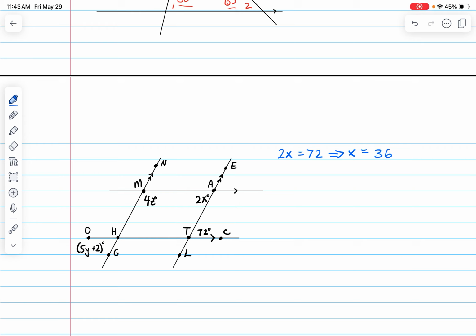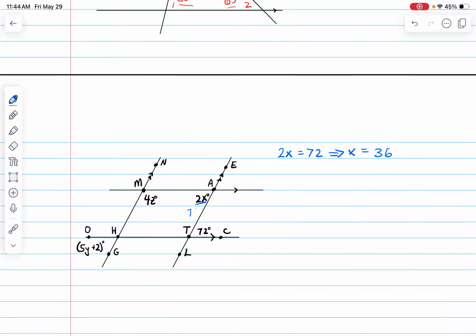Now let's see here. If x is equal to 36, let's see if we can figure out something else here. Just trying to work our way through this, maybe I can figure out what z is. Now, if x is equal to 36, this, of course, is 72 degrees. Okay, that's 72 degrees.